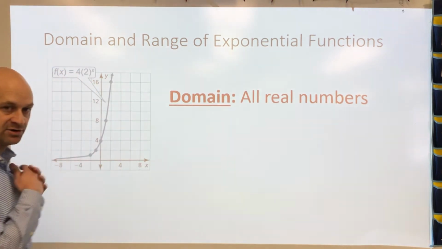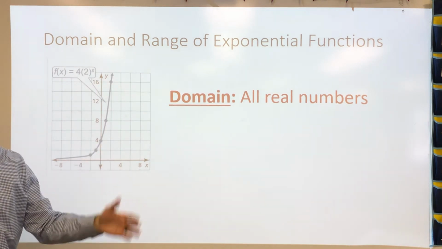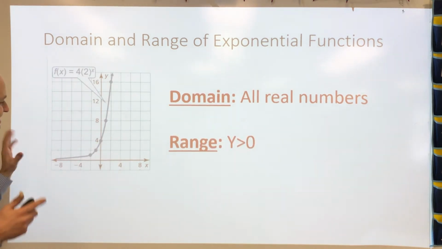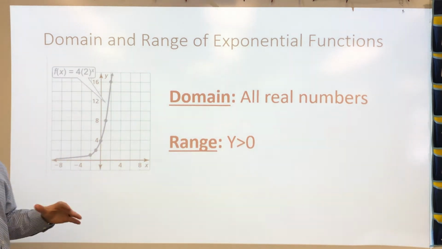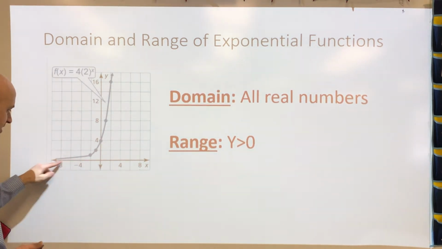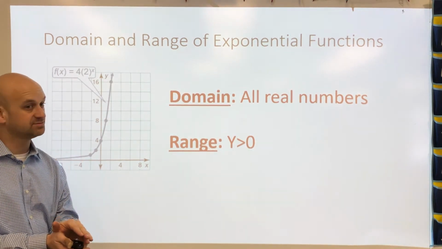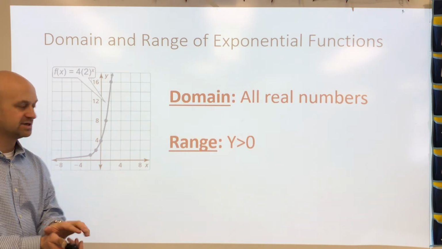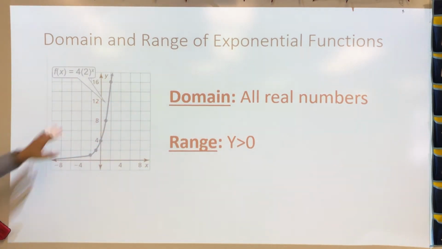Okay, so domain, all real numbers for any exponential function, not just this one, for any of them. Now the range. In this example, the range is going to be greater than 0. And again, remember in the last example, I talked about how the graph goes on and on forever. It gets increasingly closer to the x-axis, but it never crosses it. Okay, so we cannot equal the 0, but it'll be greater than 0 in this case, right?